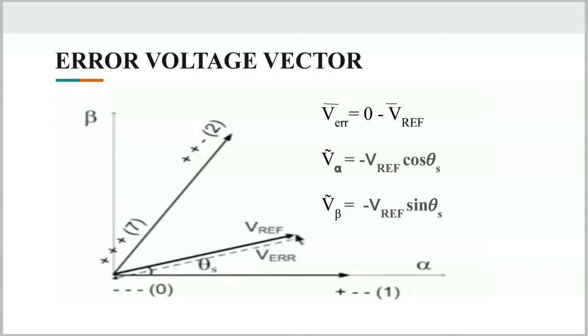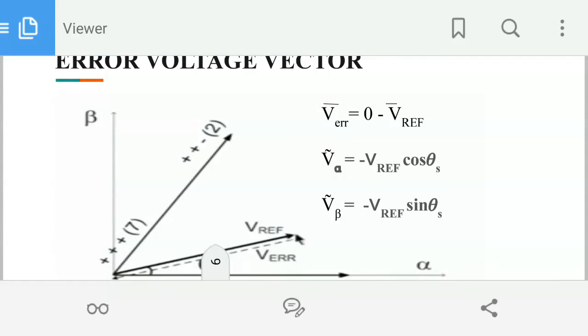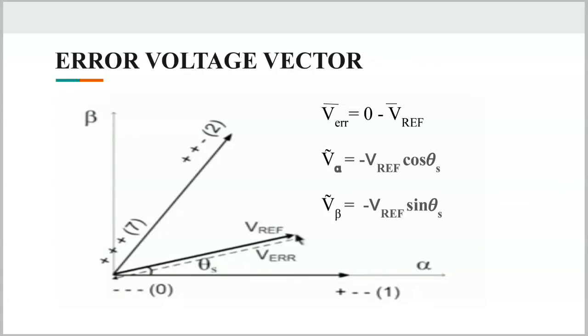Over a small subcycle duration, we apply the null vector and these two active vectors, and by time averaging we produce an average vector equal to V reference. So the required vector is V reference, but the applied vector is the null vector.